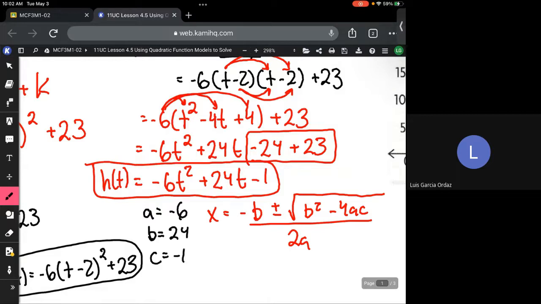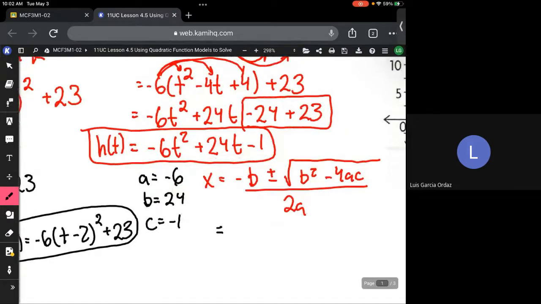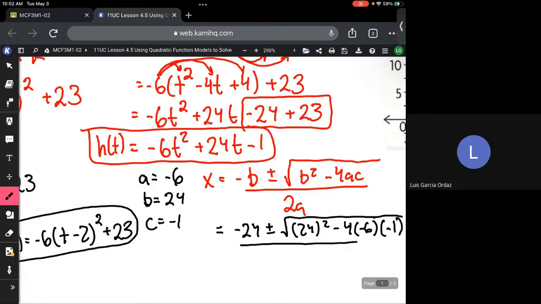Perfect. So this is going to equal negative 24 plus or minus the square root of 24 squared minus 4 times negative 6 times negative 1, divided by 2 times a, which is 2 times negative 6.